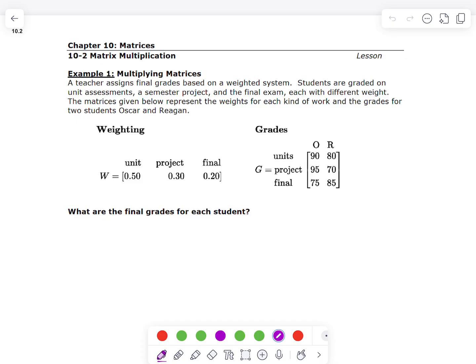So we'll start off with writing down the final grade for a student. It is going to be taking 0.5, so the unit 0.5 times the unit grade.